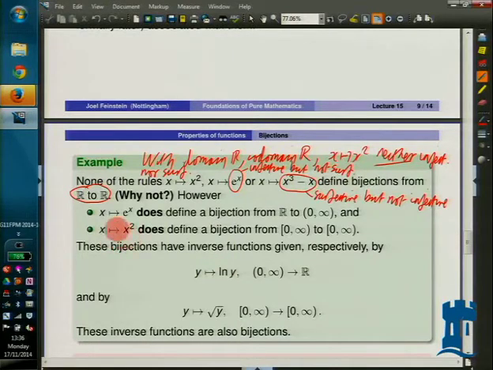Again, x squared failed in 2 different ways to be a bijection, but if you change the domain and the codomain and insist that you're working with the non-negative real numbers, then if you square non-negative real numbers, you get every non-negative real number exactly once, and you've got an inverse function coming back, the non-negative square root.